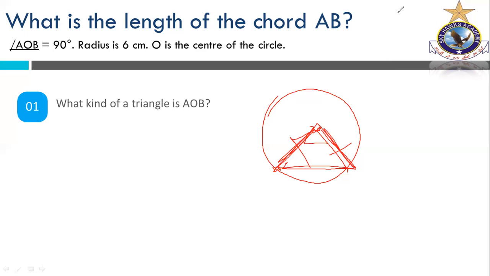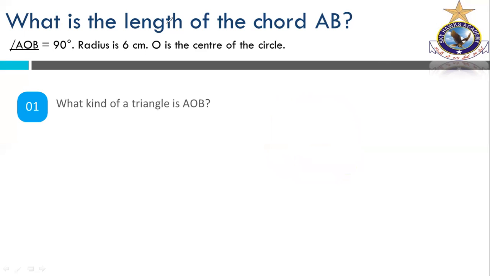That's why this question is being asked: what kind of triangle is AOB? What's your answer? Yeah, isosceles right triangle. Good answer. By looking at this diagram, you can get the idea of what type of triangle this is.